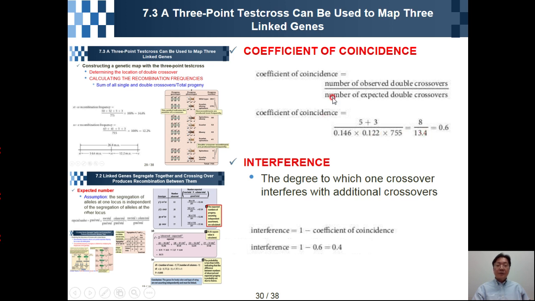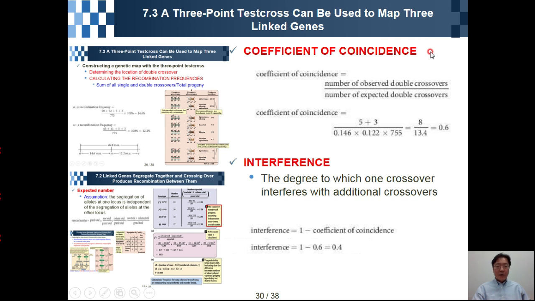So the number of expected double crossovers will be 13.4. So the coefficient of coincidence will be 0.6.